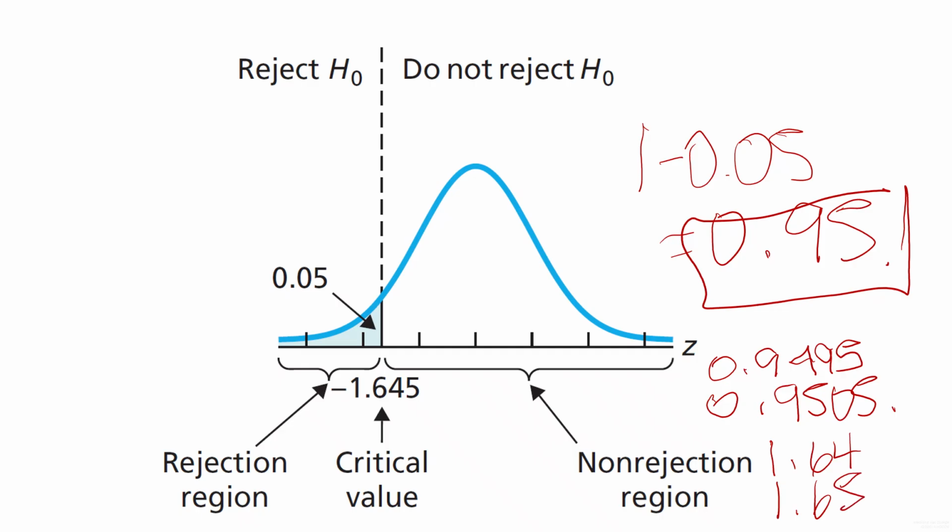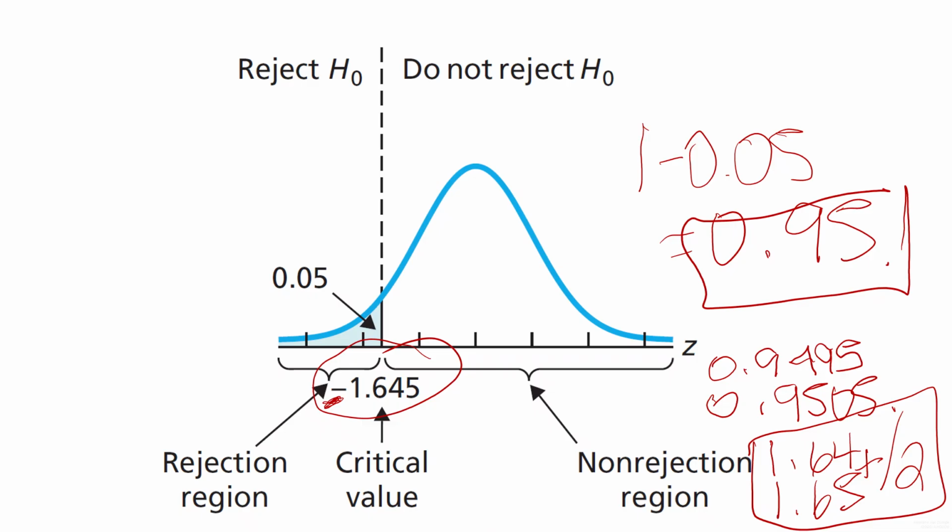And so you add those together and divide it by 2. You take the average of them, and you will end up with negative 1.645. Now, of course, when you have a left-tailed test, you automatically know it's going to be negative. And if it's on the right-hand side, then it's going to be just the positive version of this. So our critical value here is negative 1.645.